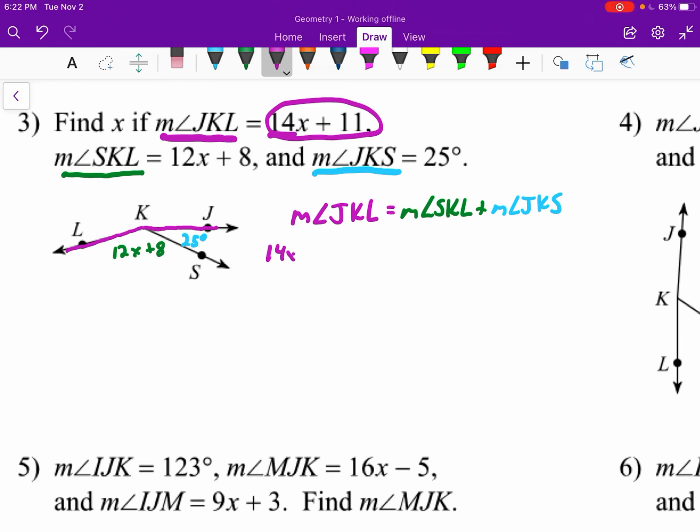Here we have 14x plus 11 is equal to measure of angle SKL, 12x plus 8, plus measure of JKS, 25. And then we're going to go ahead and solve this.